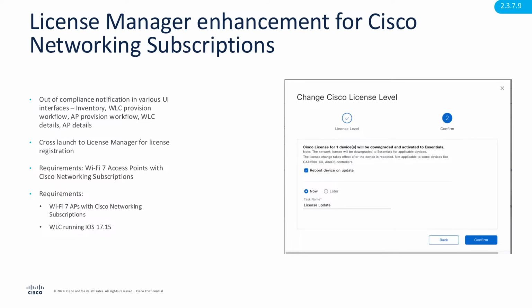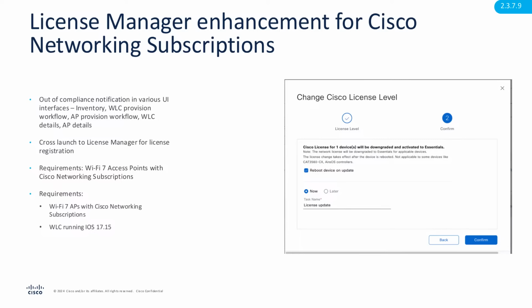We provided greater visibility into your licensing status as well. A key feature is the direct cross-launch capability to the license manager to allow you easier registration. Most importantly, this release introduces support for Wi-Fi 7 access points under the Cisco networking subscription model, which requires the WLC running IOS XE 17.15.